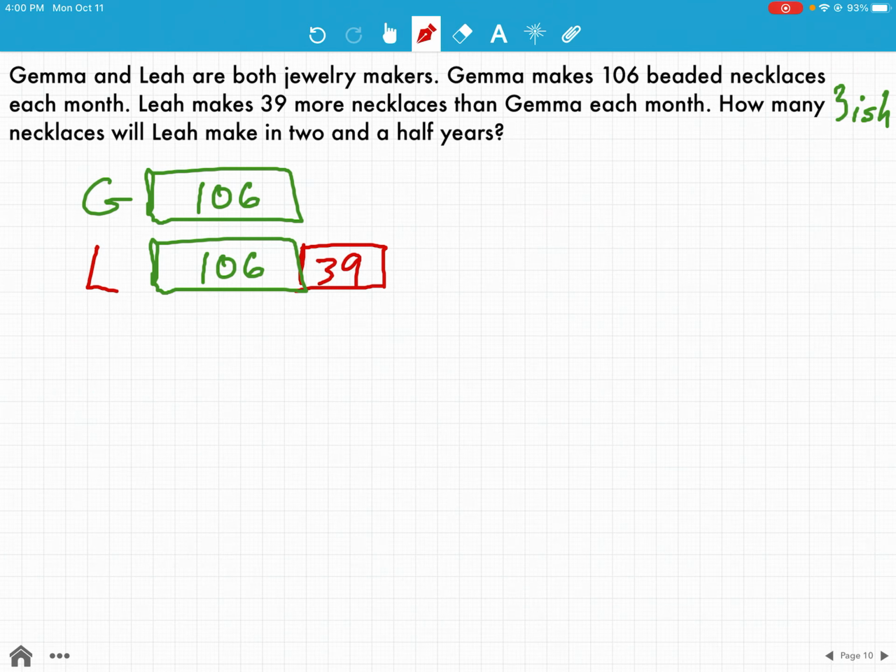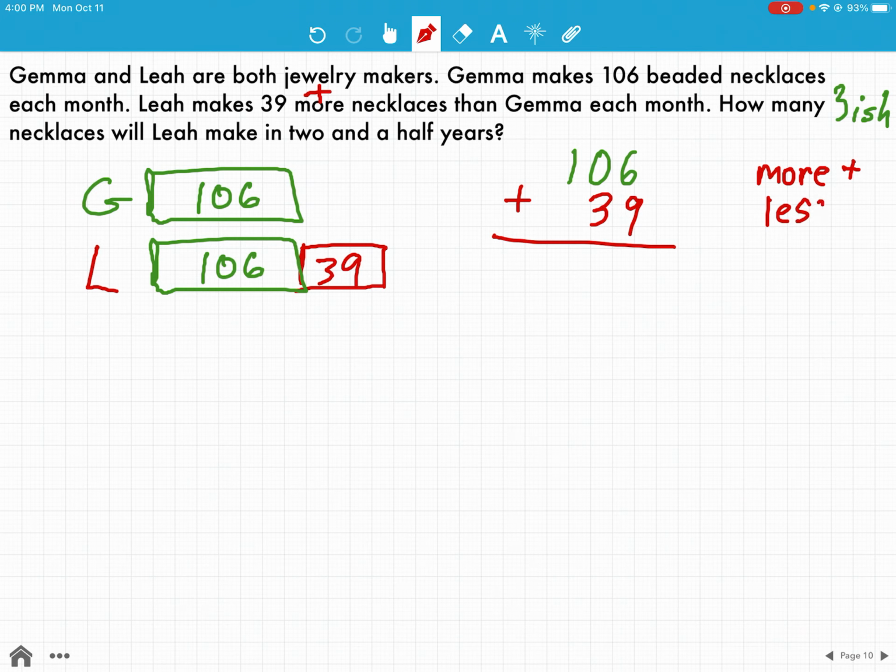So that's pretty straightforward. Our first step is going to be adding. So we're going to add 106 plus the 39. How do I know it's plus? I know it's plus because it says more. More means plus. If it said less, that means minus.